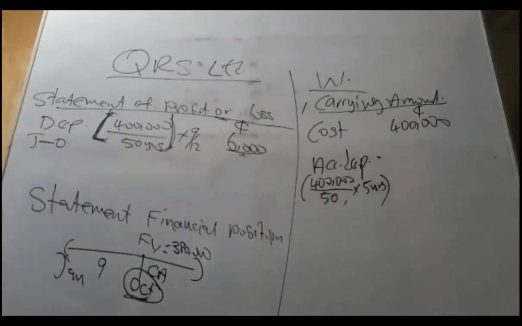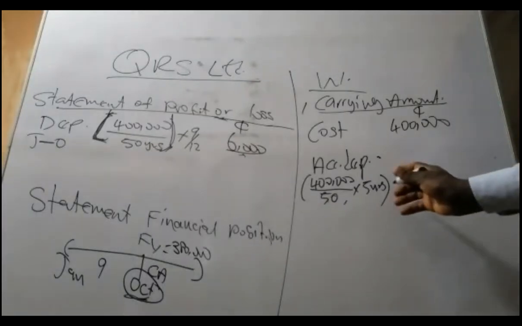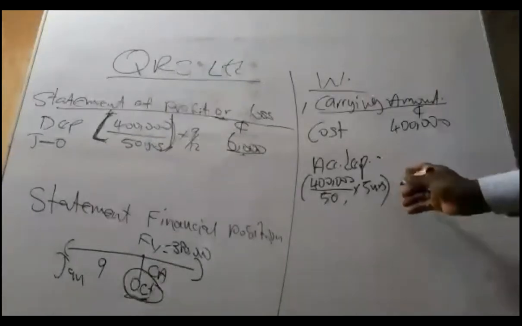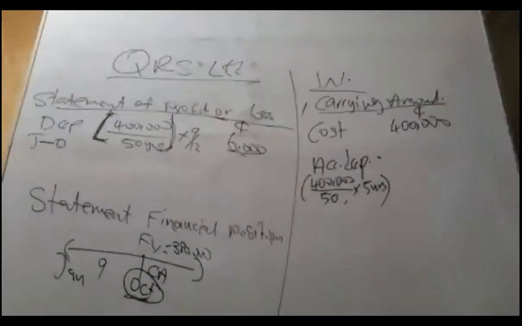That will be the 400 divided by 50 times 5. Okay, that will give us 40,000. So here the depreciation will be 40,000. Now plus the 6,000.